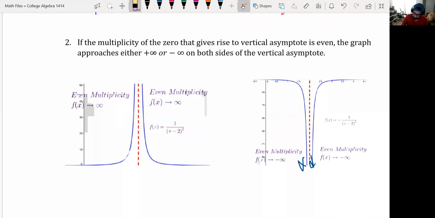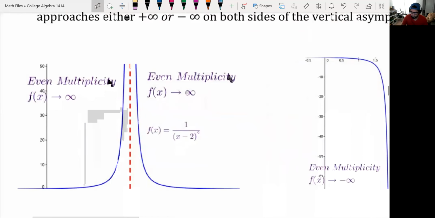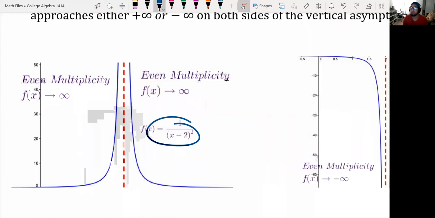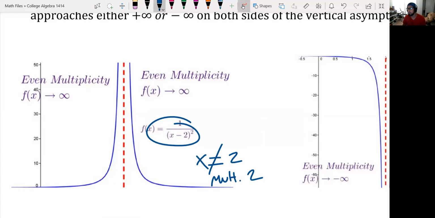What that means is, look at our example function. You're given 1 over x minus 2 squared. If you solve the denominator for x, you get x cannot equal 2, but this time it has a multiplicity of 2. It shows up twice.